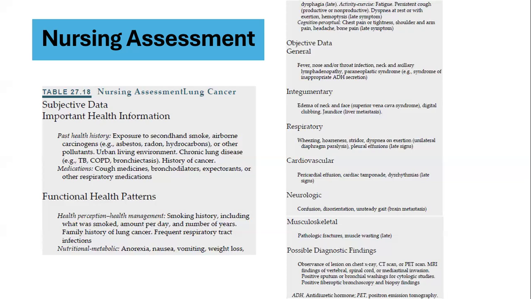The first one is the subjective data. It's really important for you to gain the health information related to past health history. What is the history of the exposure? If the patient is smoking or not, if there are any airborne carcinogens near the patient, is there any chronic lung disease like COPD or tuberculosis or bronchiectasis, and also if the patient has a history of cancer.